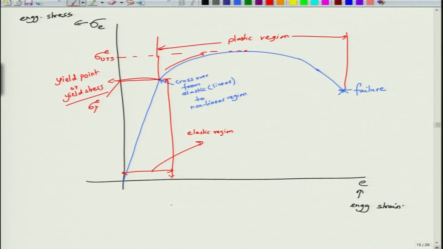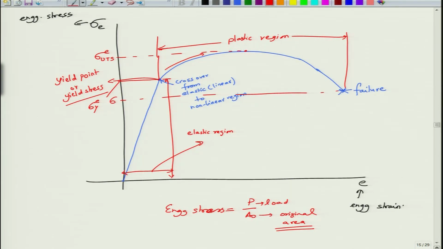By the way, engineering stress is defined as load divided by original area. Then the material fails at a certain point, and the corresponding stress is called sigma F, or sigma Fe, which is the failure stress.